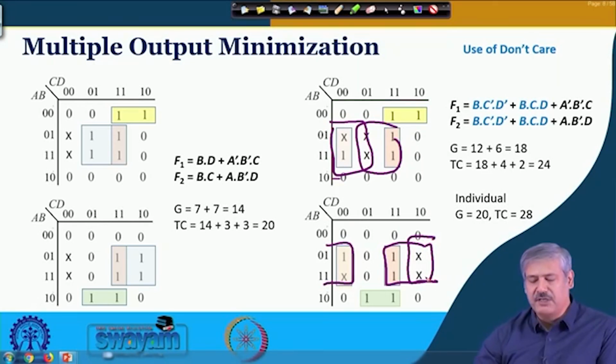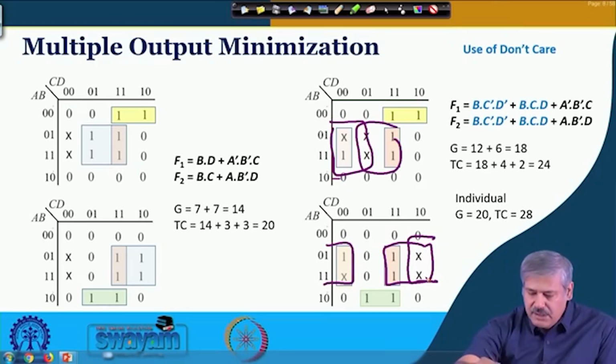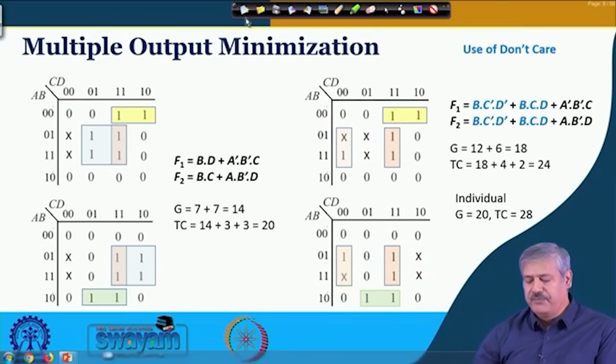These are the possibilities, and if you compare all those possibilities, then you can see that considering this one and do not care over here, and these do not care and one over here, you can generate a shared term. So, this group is shared, and similarly we can generate between these two a shared term.